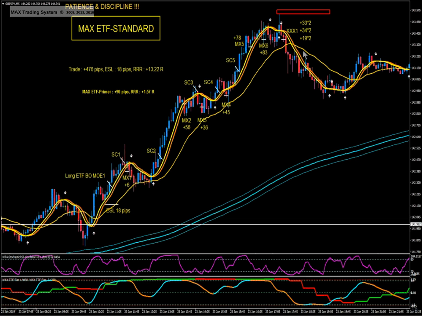The price can range, make a deep pullback, sometimes reverse, and sometimes range and then resume the up movement, but this will happen in less than 25% of cases. We have a 75% success rate to see the trend exhausting.